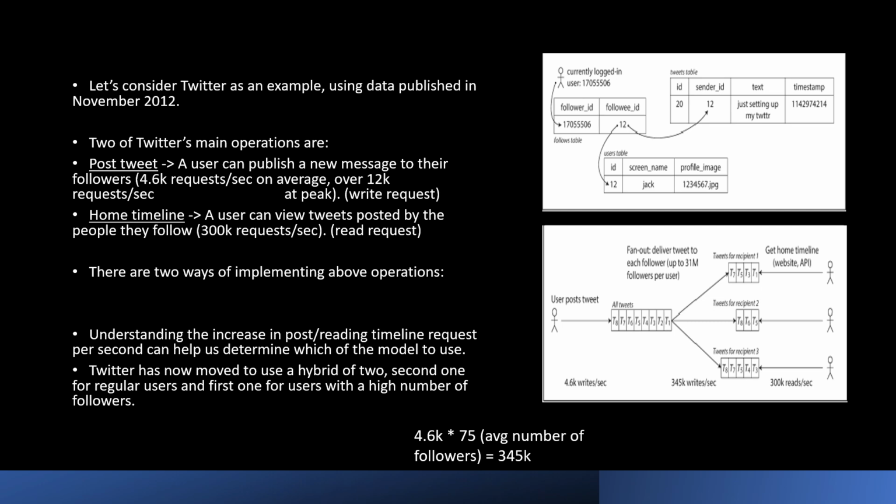What it started to do was, whenever the user posted a tweet, it created a sort of mailbox for all the followers of the person making the tweet. And the moment they tweeted something, all those tweets used to get accumulated in a queue of these followers. They all have a sort of mailbox, you can say.